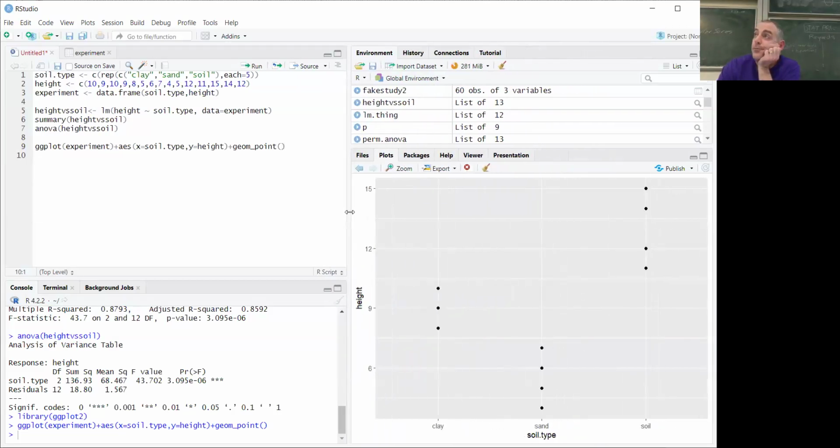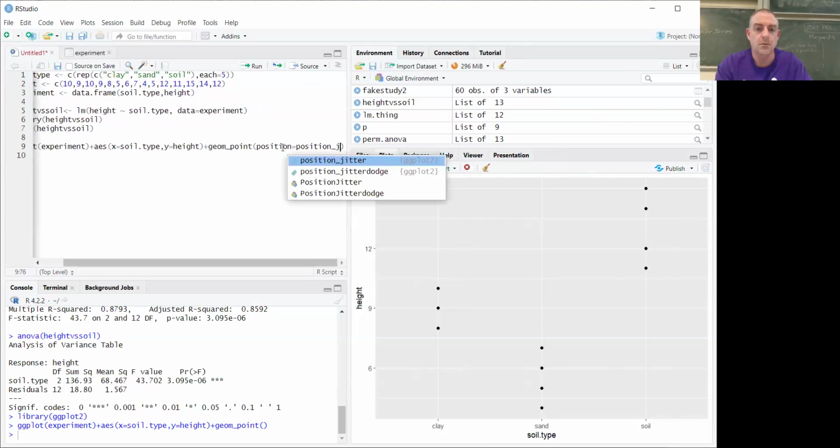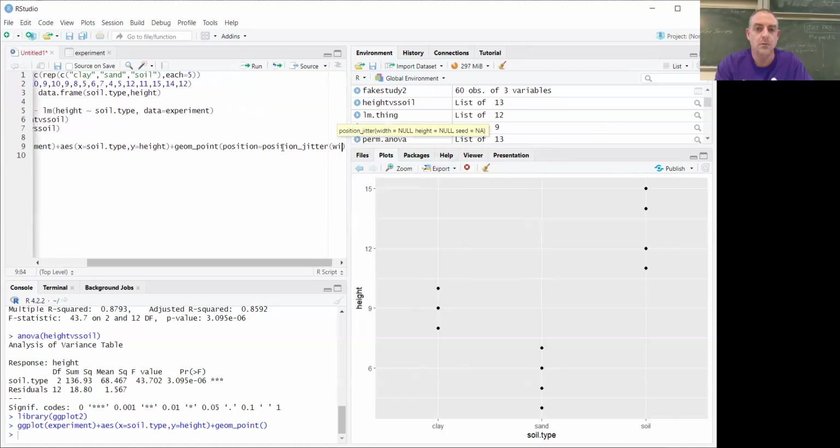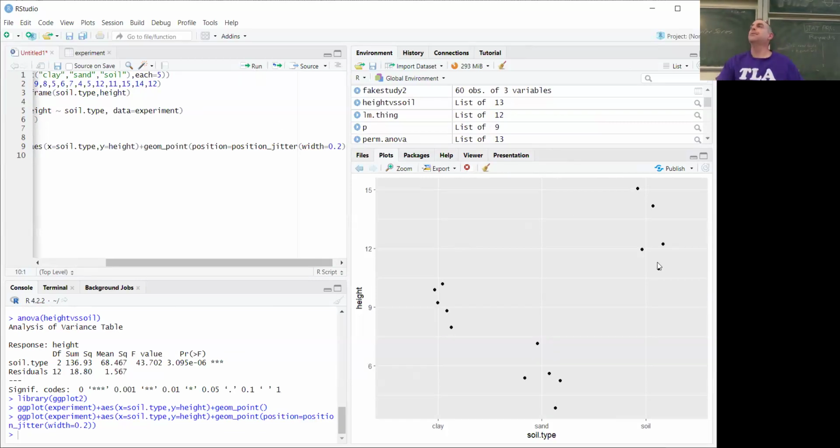There it is. That's what my data looks like. Some of those dots are on top of each other. I'm sorry. I should probably do this. There we go. That's exactly like my drawing before.